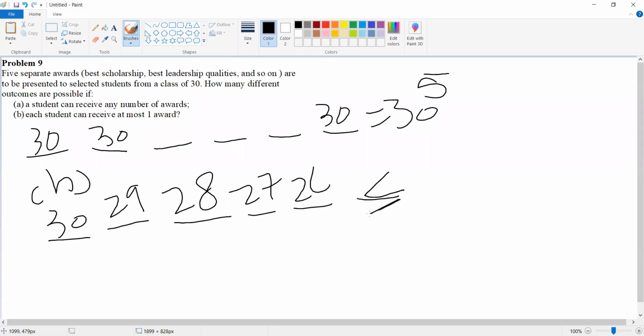हाँ. इसी लॉजिक से, the first award can go to any of the 30 students. Then one student has received one award, so he's out of the equation.